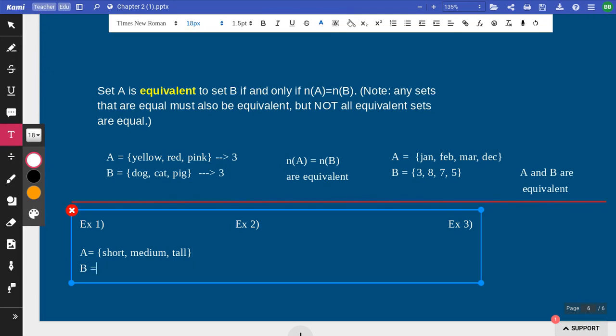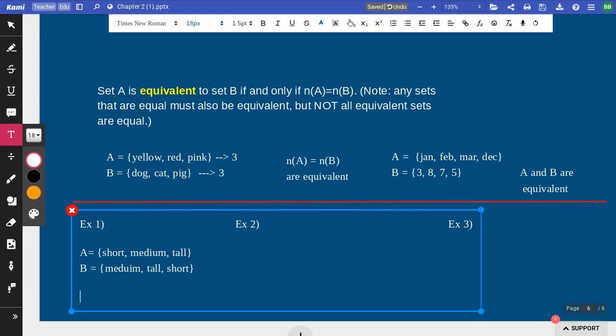B equals medium, tall, short. How can we describe these two sets?